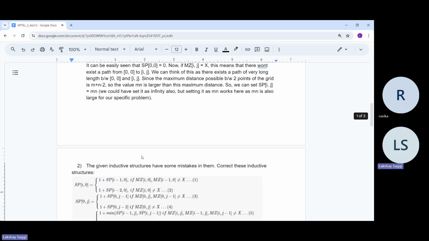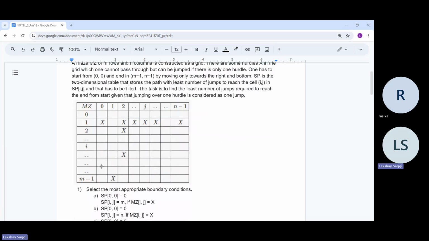So effectively, maybe before looking at this, just look at a general cell I comma j. How can we reach this cell I comma j? There are only two cases, either we reach it from the right or we reach it from above this cell. I comma j can be reached only in two ways, either from above or from right.